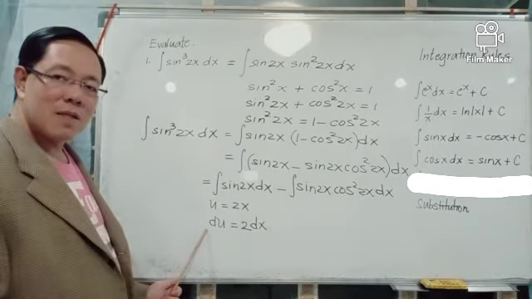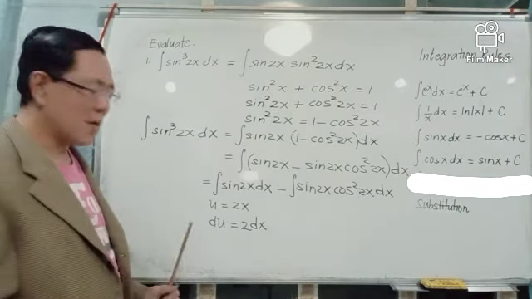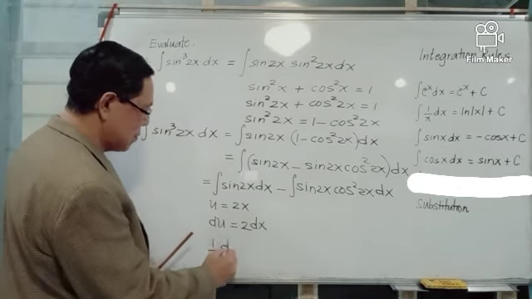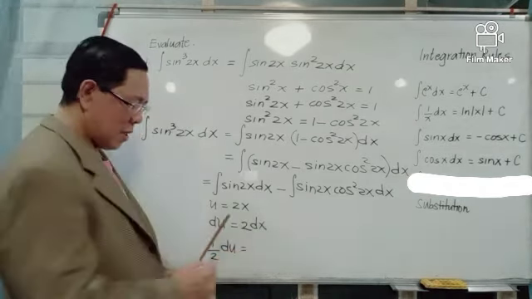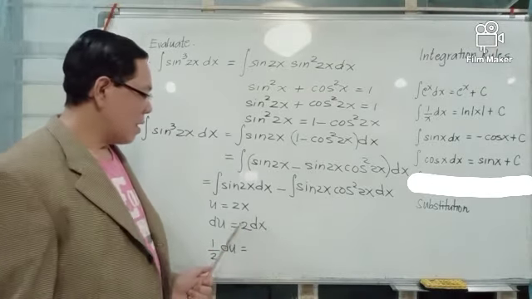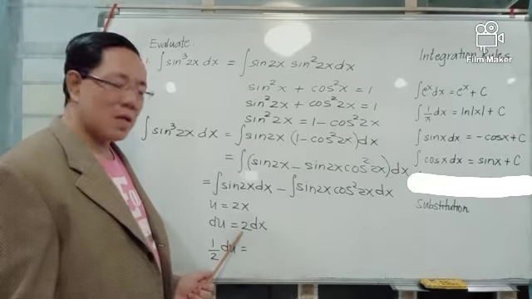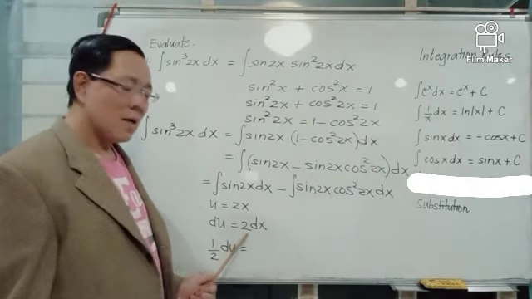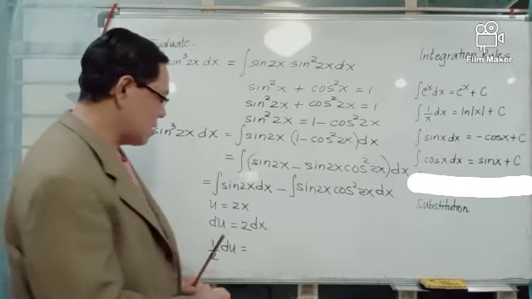We multiply the left hand side by 1/2 and get 1/2 du, equals 2 dx multiplied by 1/2, which is 2 over 2 or 1 multiplied by dx, which is dx.